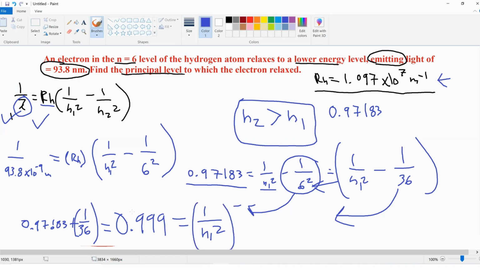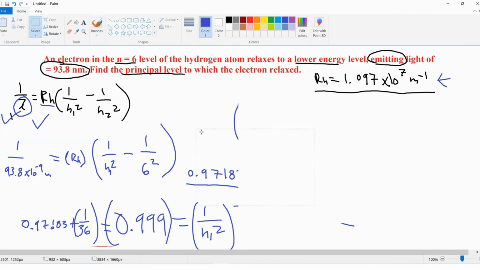Even if we take the inverse of this, because we need to get n1 by itself, we have a 1 over here, and we have n2.